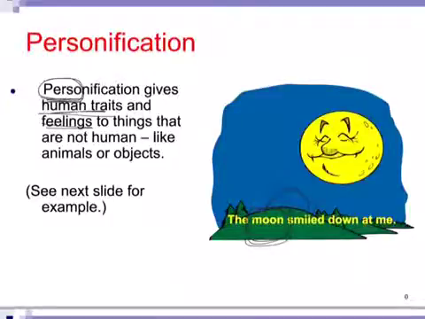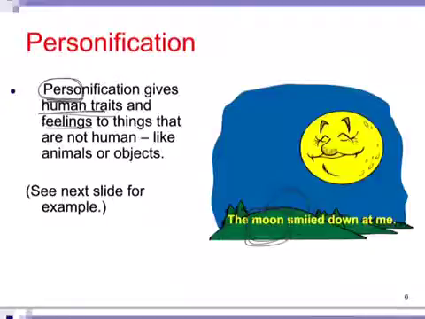So the moon smiled down at me. So you're basically looking for something that cannot actually do that in real life, okay? So like if the wind whistled, well, the wind can't actually whistle, but it's a great way to give the reader a visual or description.